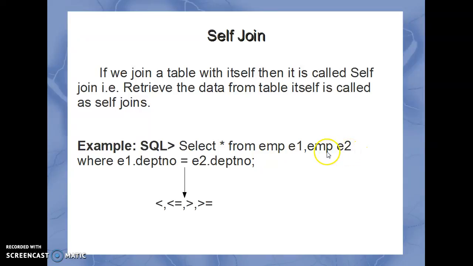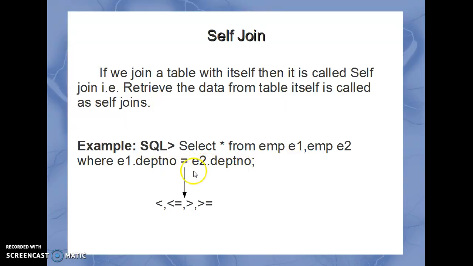Where e1.department number equals e2.department number. Whatever condition we want to specify, such as equal, less than or equal to, or greater than or equal to, we can give.